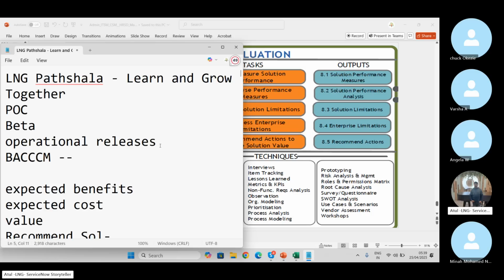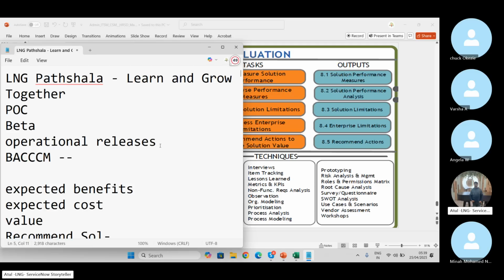To evaluate a solution. And what is the solution here? Examine the performance of a solution, that is, how to examine it, what techniques, what methods we should use.